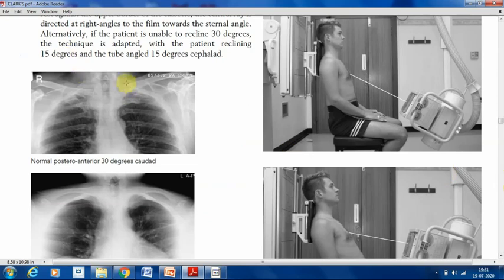You can see in this image the clavicle overlapping on top of the apex, so there is a chance of a lesion hiding behind the clavicle. We may miss it. That is the reason this view is taken.